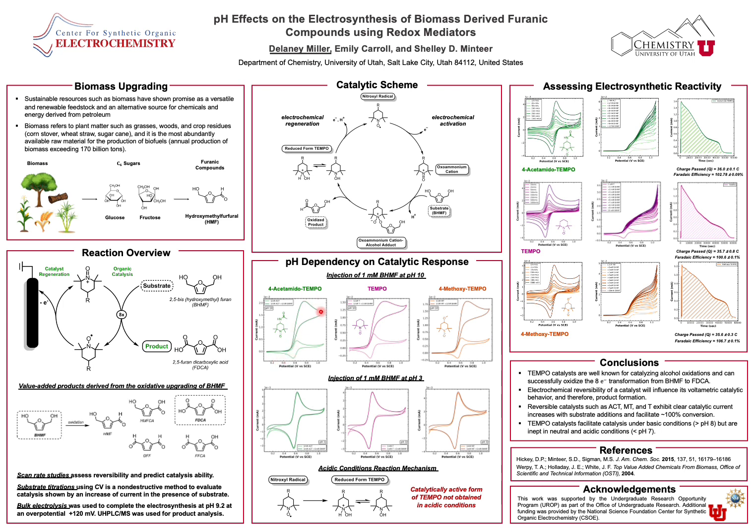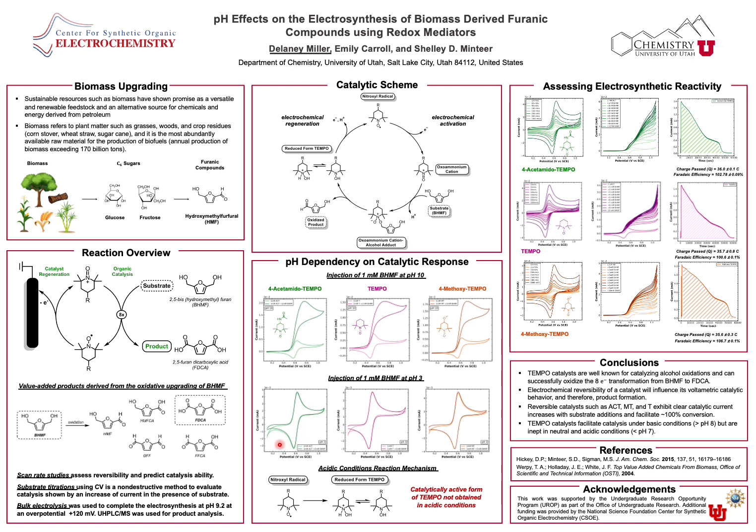oxidative peak, where when we add our substrate, we see an increase in our current here, indicating that catalysis is occurring. And we see this for each one of these TEMPO molecules at pH 10, which is a basic pH. Whereas at pH 3, we are not seeing this as much.